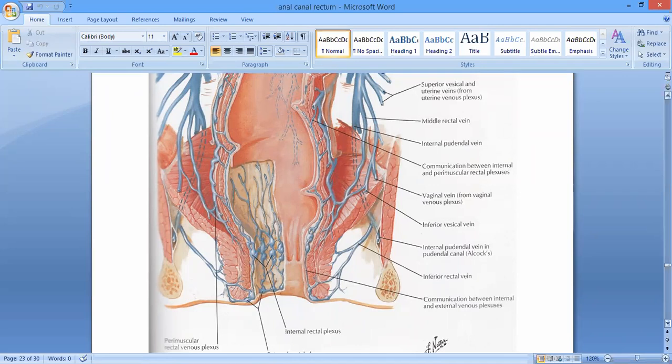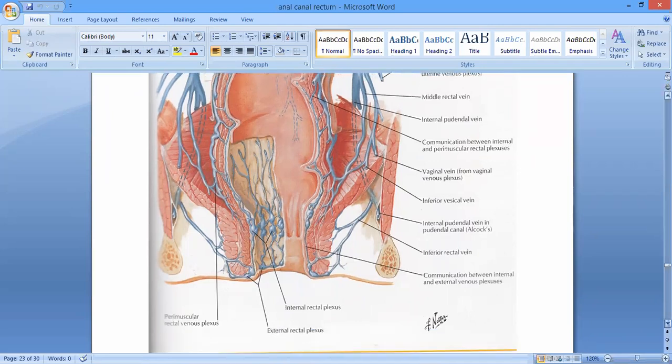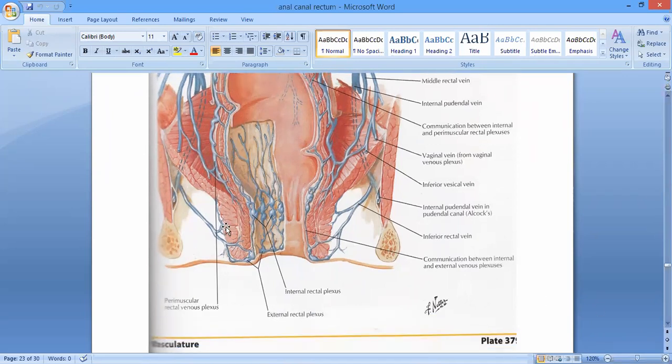Okay, that's not a problem, right? And these plexuses are going to drain along with their respective arteries. Like the superior rectal veins will be going towards the inferior mesenteric vein.